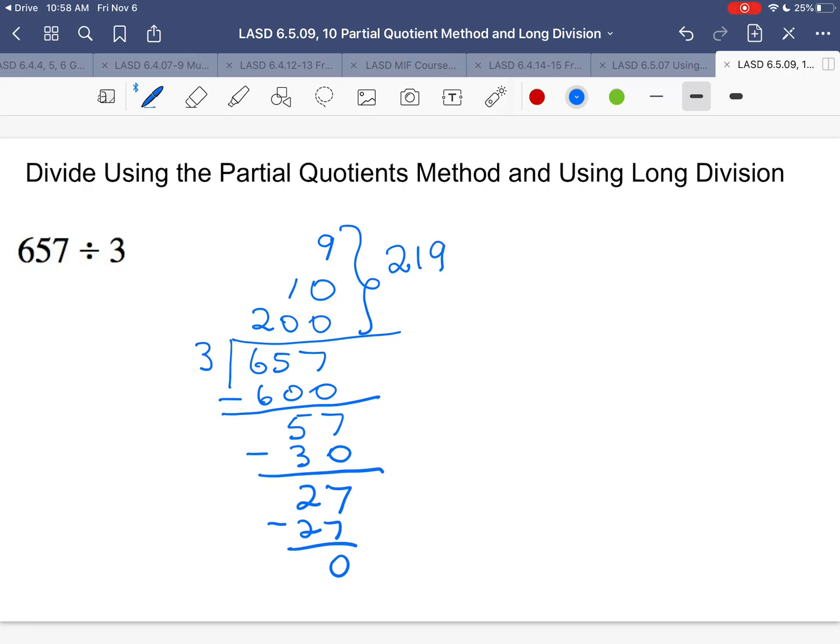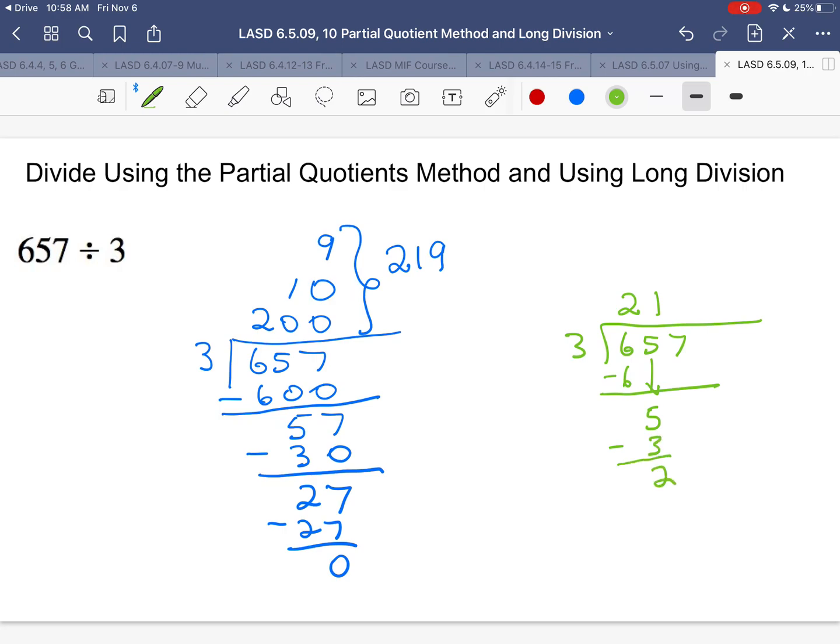219. And if I was to do it with regular long division, let me do that over here in green. So 3 times 2 is 6. And then I'll bring down the 5. And 3 into 5 goes once.